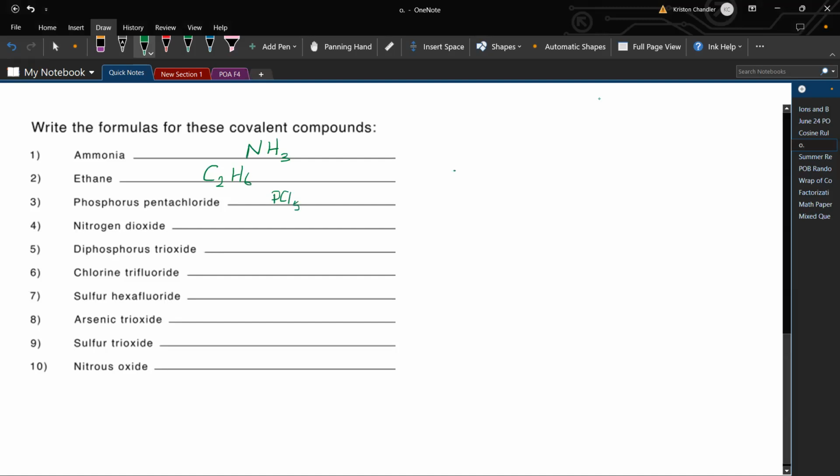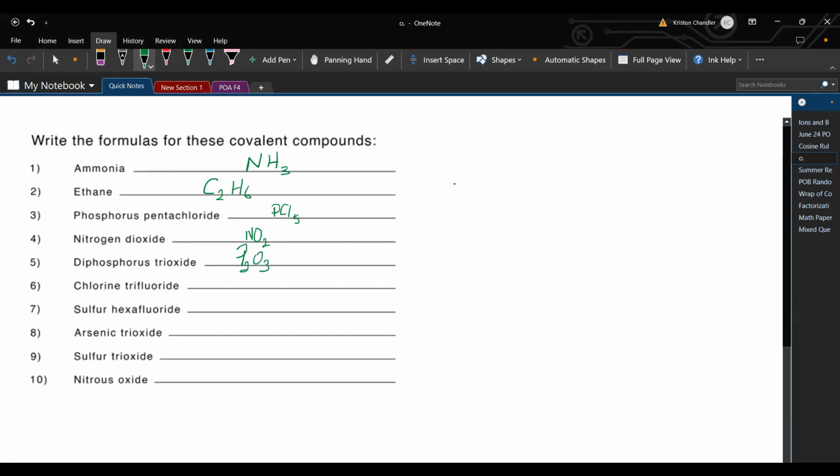And nitrogen dioxide? NO2, good. For diphosphorus trioxide, what did you get for that one? P2O3, very good.